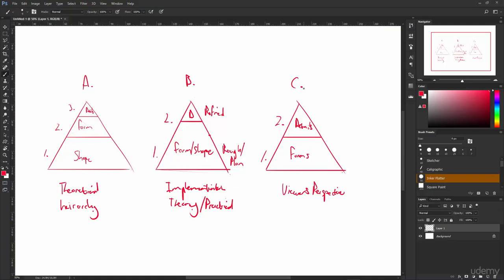Because they're going on what they've seen, and what they've only seen and believed to be true about the world is basically the forms and the details, and they're generally equally weighted. So they'll try and draw something that looks like a head and then fill it with a million details. That's a common beginner problem.